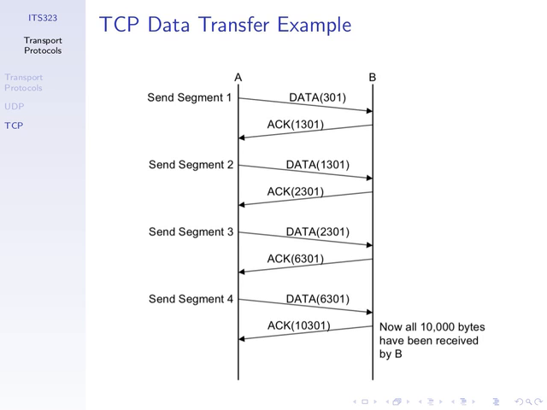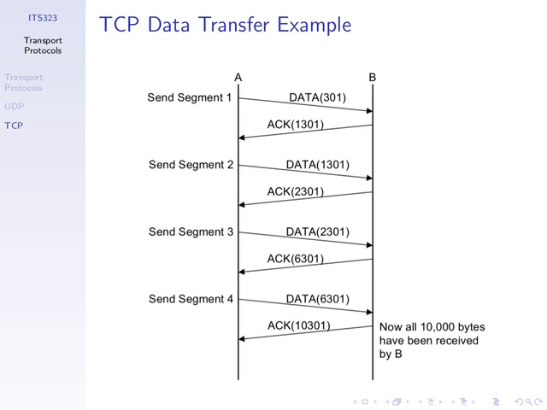The second data segment is sent, this one, containing sequence number 1,301 up until 2,300. When B receives that, if we keep track, after receiving the first segment, B has received sequence numbers 301 up to 1,300 and sends a corresponding ACK.